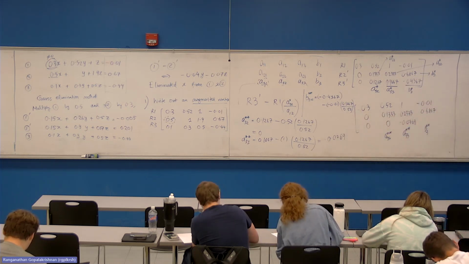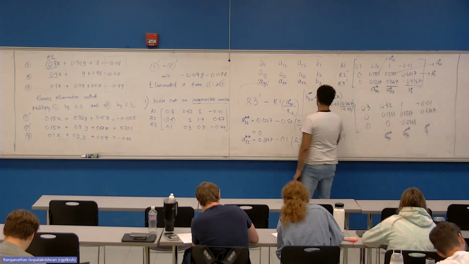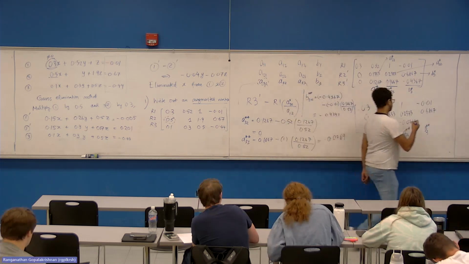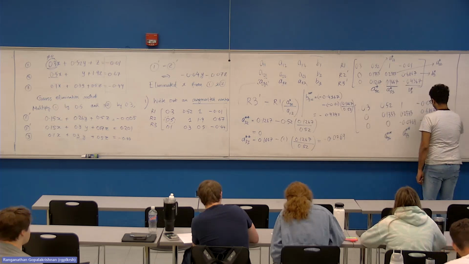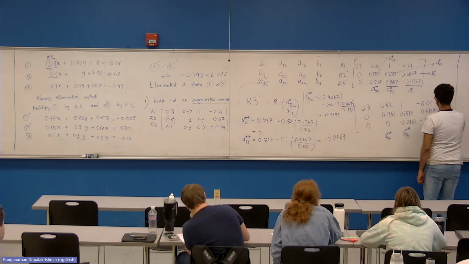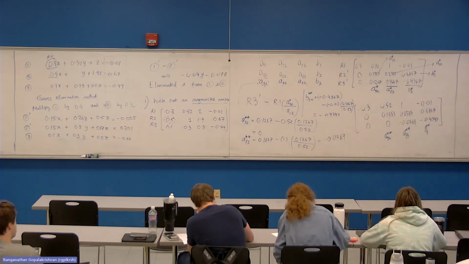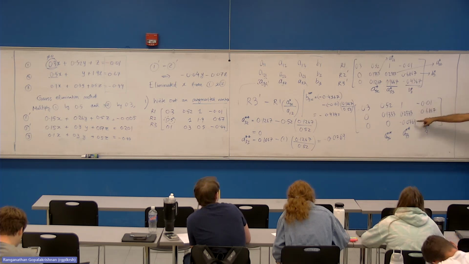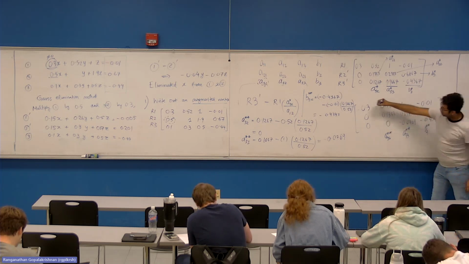Negative 0.4343. Great. We now have the augmented matrix manipulated twice to end up with a lower diagonal form in which everything below the diagonal is 0.